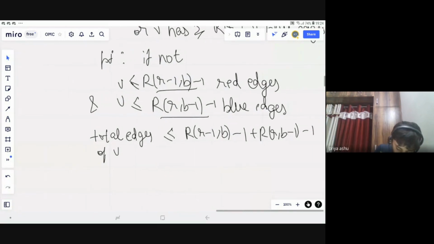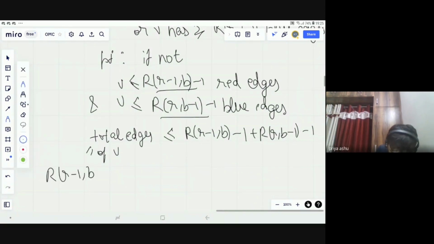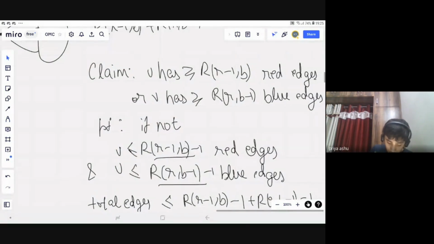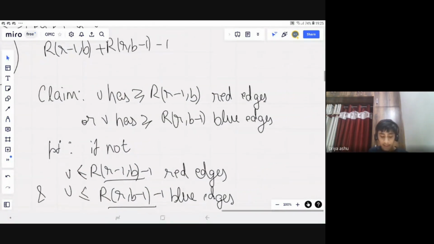But we also showed that the total edges of V is R(R-1,B) + R(R,B-1) - 1. So this inequality is a contradiction. And thus V has at least R(R-1,B) red edges or R(R,B-1) blue edges.